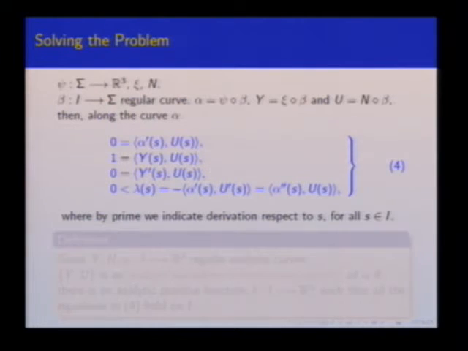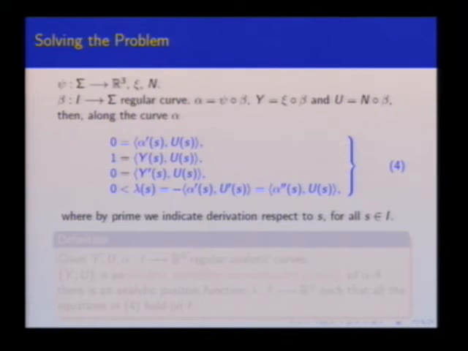In fact, the first and the third equations follow because alpha prime and y prime are always tangent, u is normal. The second equation follows because of the normalization of y and u, and the third equation comes because the affine metric is well defined along the curve.